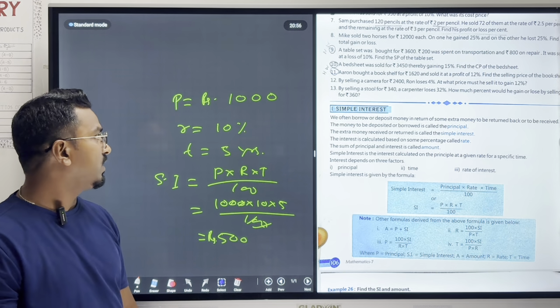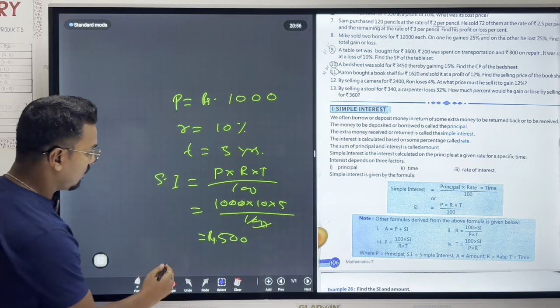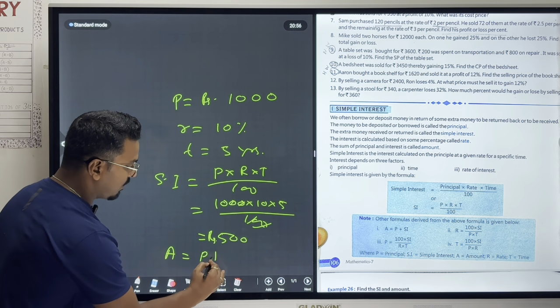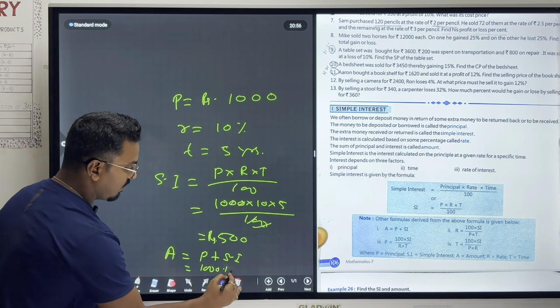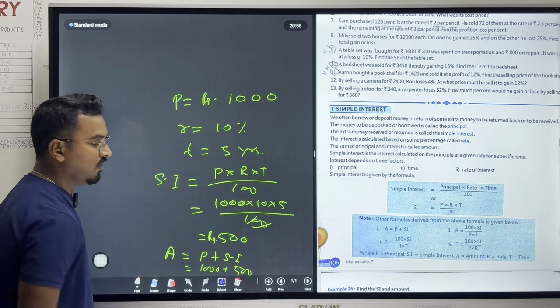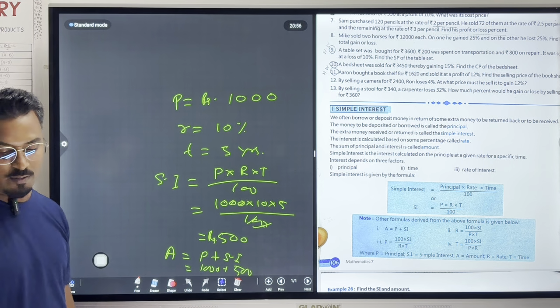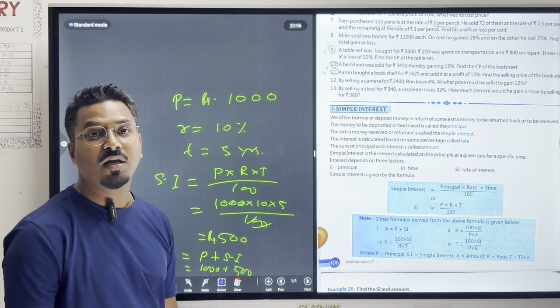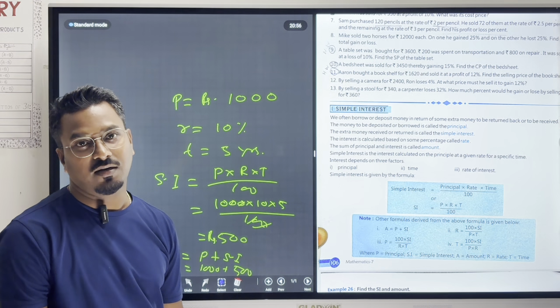So total amount in return you will get is principal plus simple interest. So here 1000 plus 500, that is 1500 rupees. After 5 years you will get 1500 rupees in return.